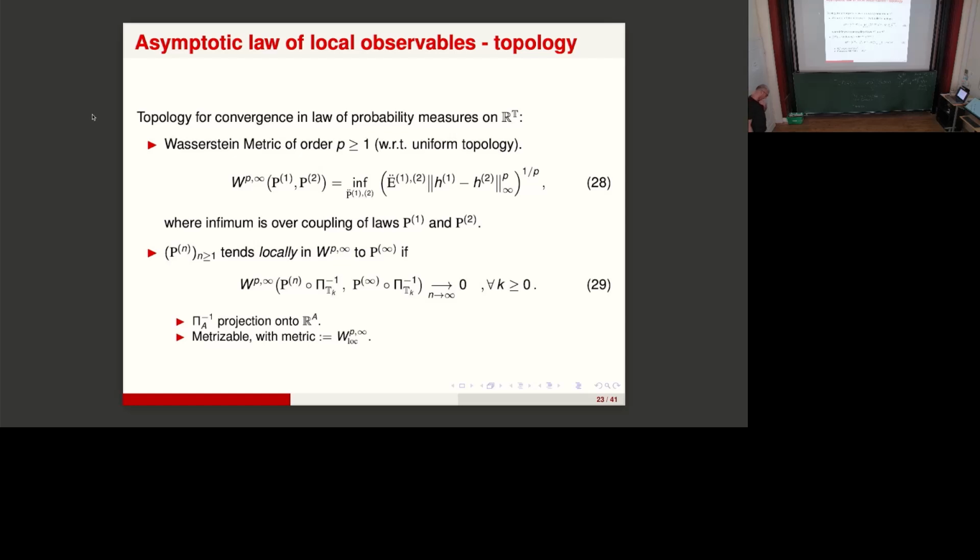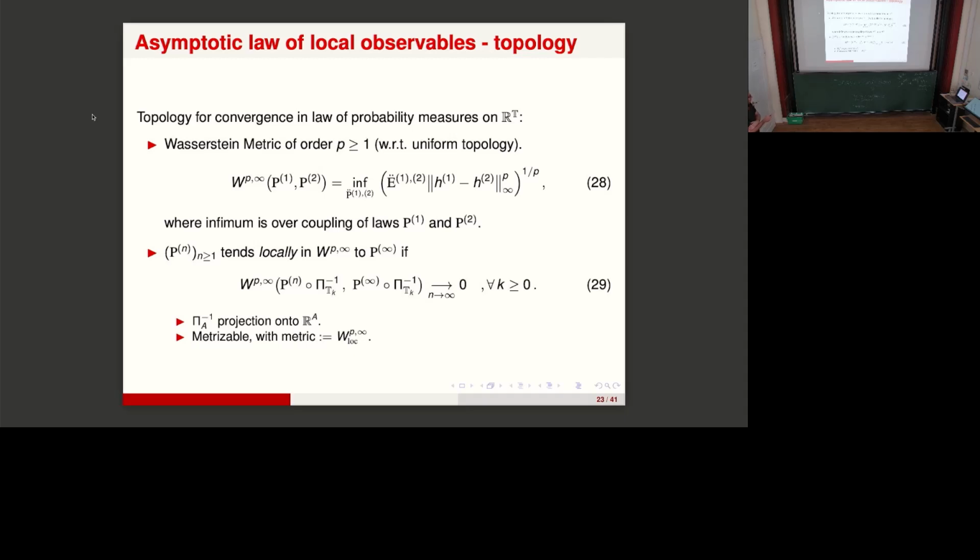Okay. So if this is small, that means that I can couple this. If I have two fields and this W_p infinity is small, that means that there is a coupling such that if I look at the uniform distance between the two fields, this has a small p-th moment.